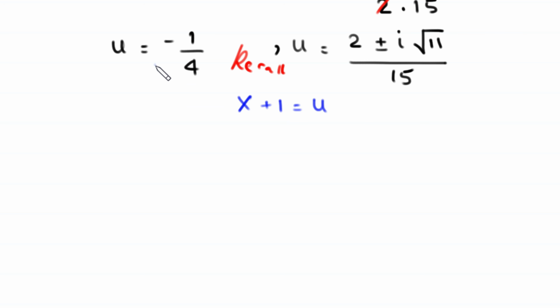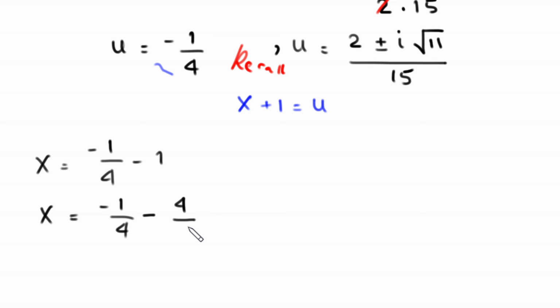So when u is negative 1 over 4, then x will be equal to negative 1 over 4 minus 1, which is the same as 4 over 4. So x will be equal to, the common denominator is 4, negative 1 minus 4 will become negative 5 over 4.